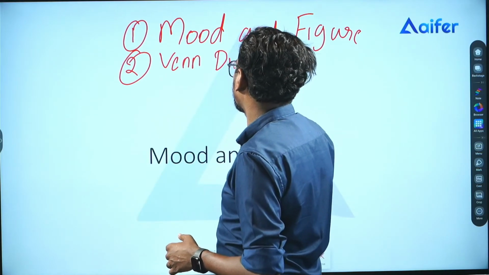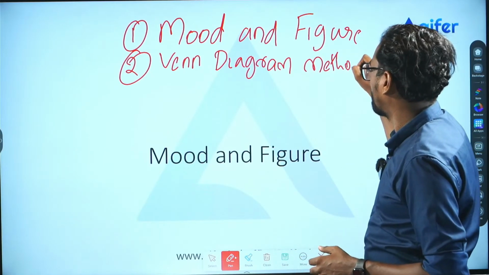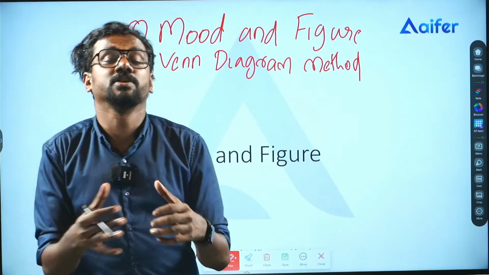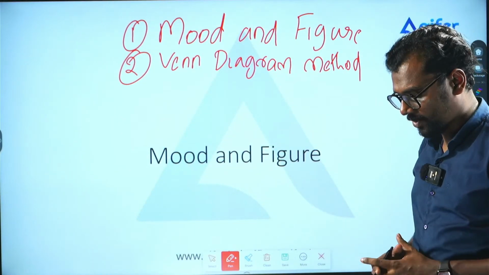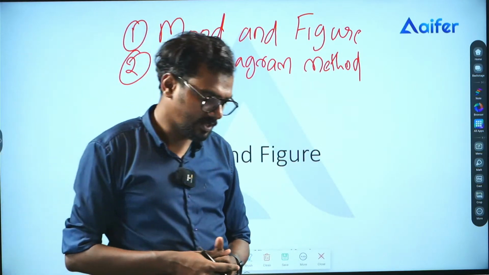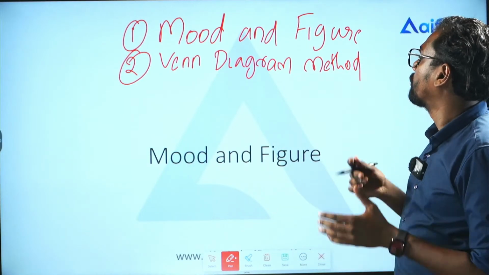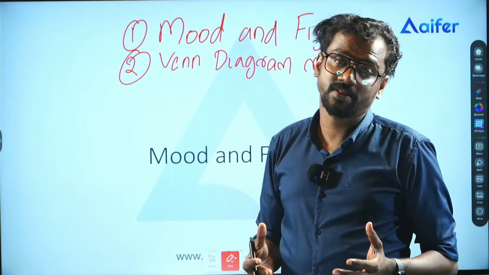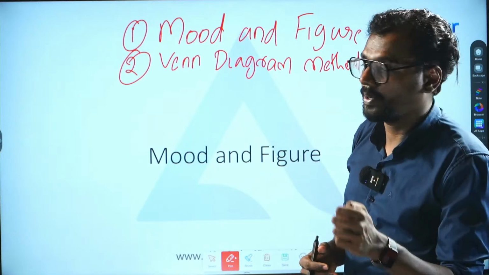If you search Google or refer to books, we can see a lot of methods of solving syllogism type of questions. Here we will be discussing only two methods: mood and figure and Venn diagram. The reason I am discussing these two is that they have been exactly mentioned in the syllabus of our UGC NTA NET Paper 1.